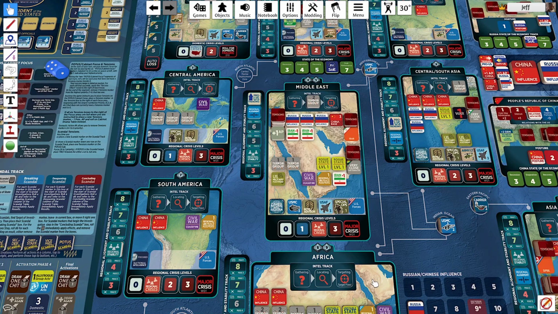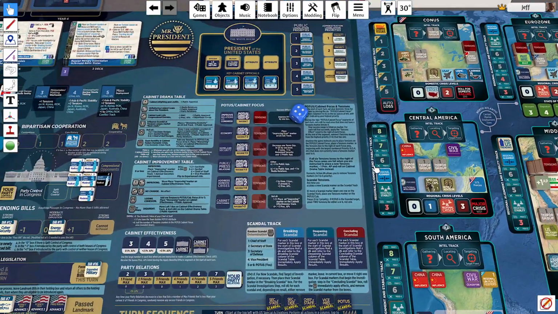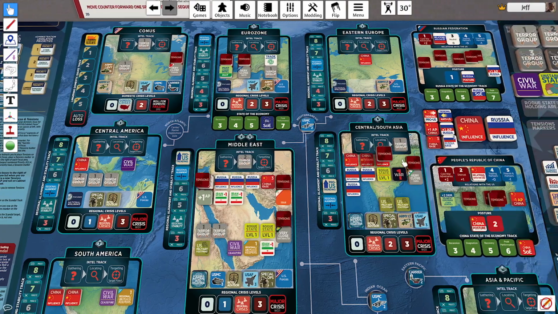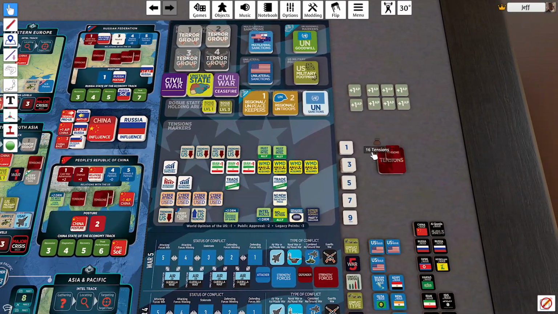I think I'm going to remove the tension counter and then try to improve bipartisan relations. So we're going to remove this. I don't think I have to spend anything to do that. Nope, it's automatic. If I spent an AP, I could have removed 2.